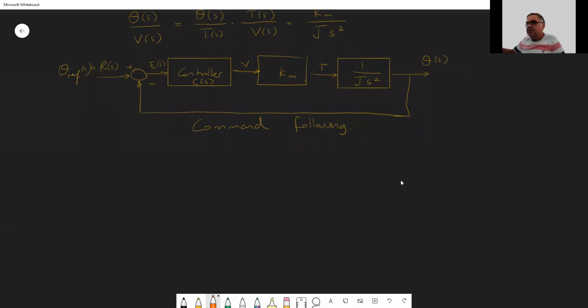Okay. Now, if there is a disturbance on this system, we just modify it as follows. There is again Km, but there is a W of S, which is the disturbance torque.